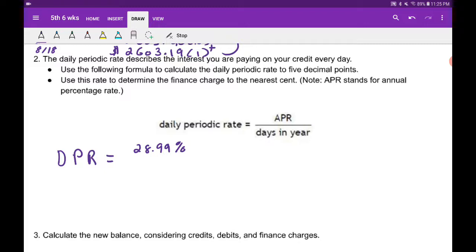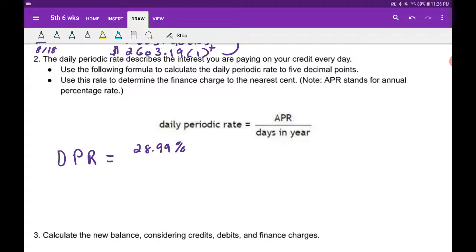If you go to Dillard's and you buy something, they always have a thing, use your Dillard's card and you get 10% off. Well, look, after your first month, whatever you bought that month, they're making almost 30% off you. So where's the deal at? And then the next month, they're going to make another 30% and another 30%. So you can get in trouble fast if you can see where this is going already.